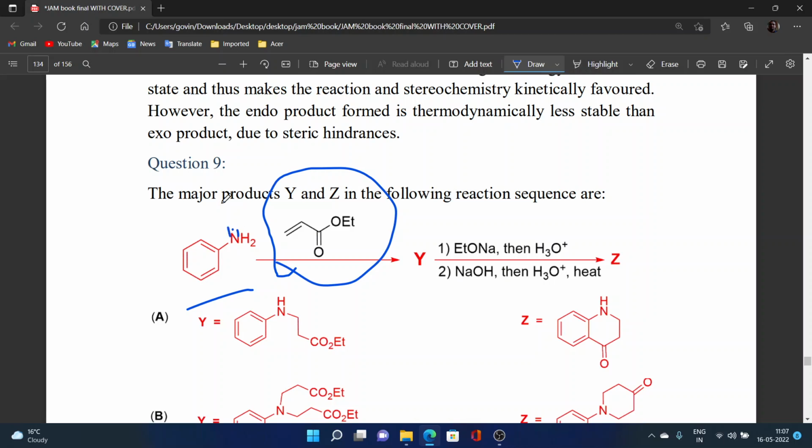That means this lobe is big, so it is a soft base. Okay, and we know in an alpha beta unsaturated ketone, this part is the hard acid. Hard acid means it accepts electrons. Acid is what accepts electrons, base is what gives electrons, right?